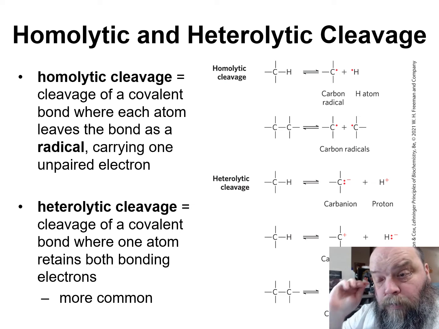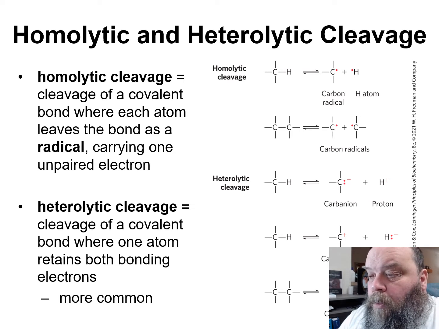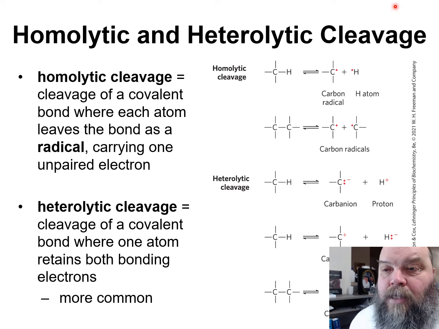Now, let's look at this a little closer. When you break bonds between atoms in a molecule, we know that the bonds holding two atoms together in a molecule, as you see here, carbon and hydrogen, or the carbon-carbon bond, is actually an electron pair being shared. One bond is one pair, two bonds, two pairs. When you break that bond, you're going to divvy up the electrons that form that bond.